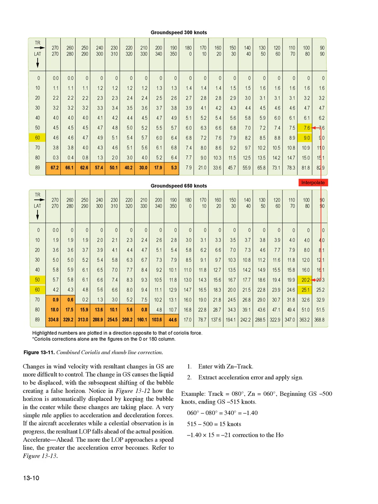Example: track equals 080 degrees, ZN equals 060 degrees, beginning GS 500 knots, ending GS 515 knots. 060 degrees minus 080 degrees equals 340 degrees equals minus 1.40. 515 minus 500 equals 15 knots. Minus 1.40 times 15 equals minus 21. Correction to the HO.